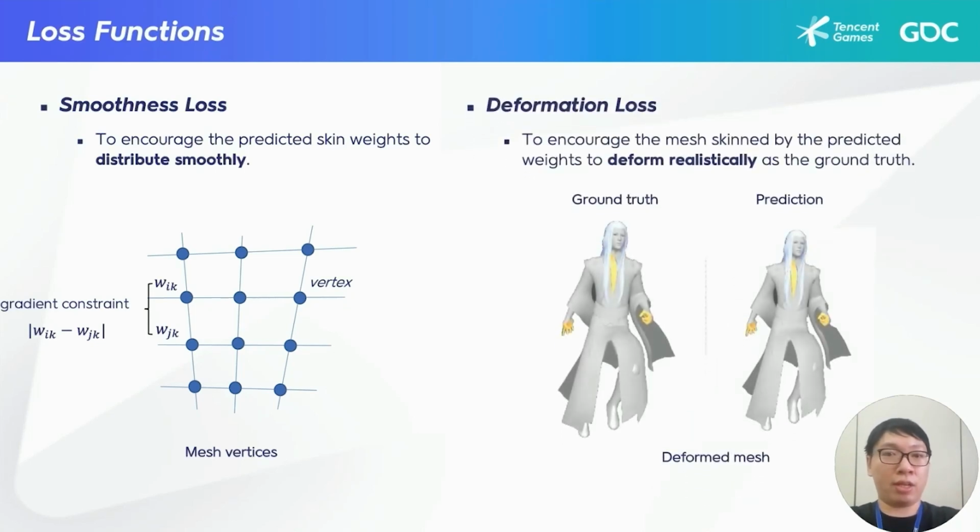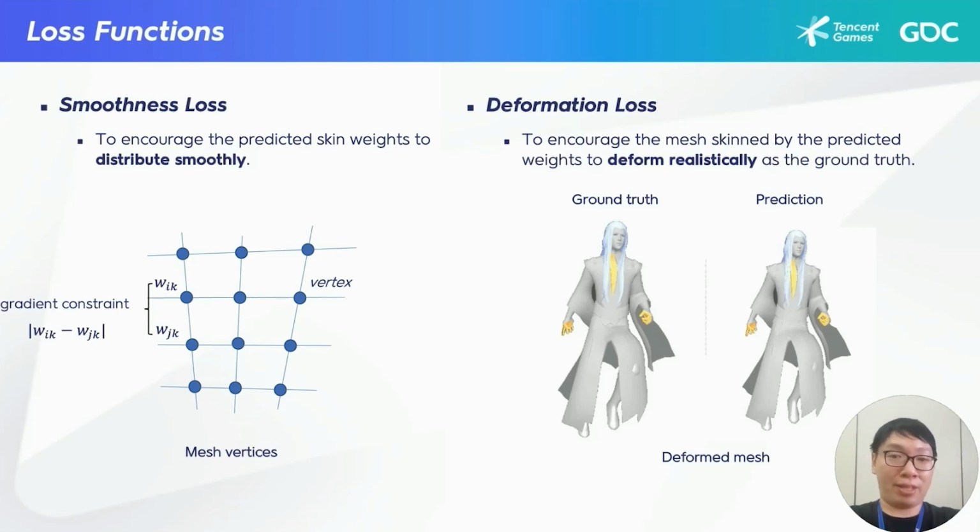The next term is the deformation loss, which is used to encourage the predicted mesh to deform realistically, similar to the ground truth. By incorporating these 3 terms, the model not only ensures consistency of skin weights with ground truth, but also guarantees the smoothness and realism of mesh deformation.